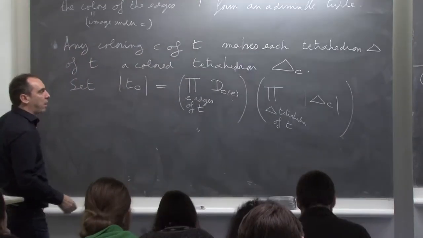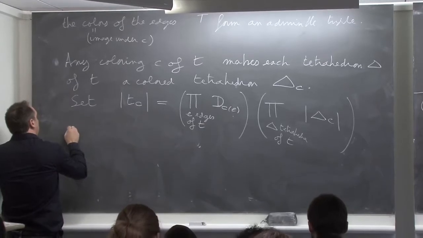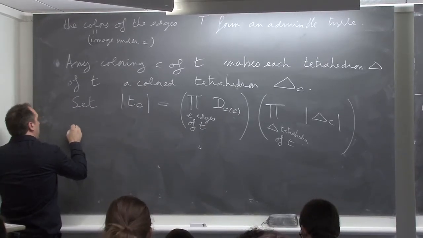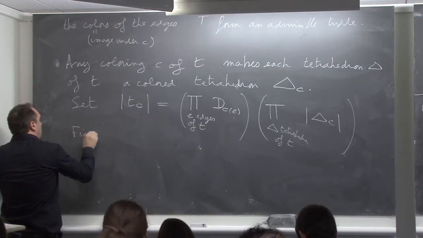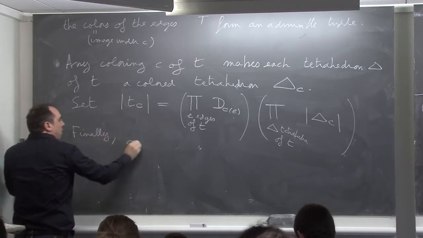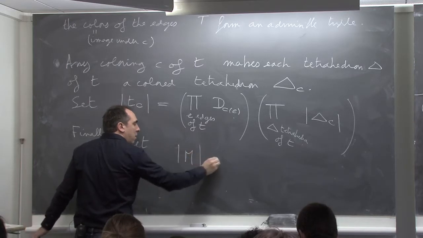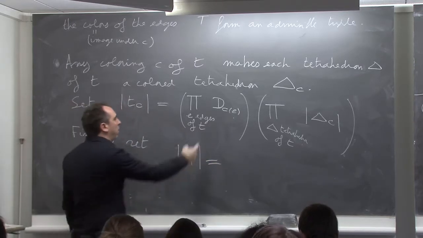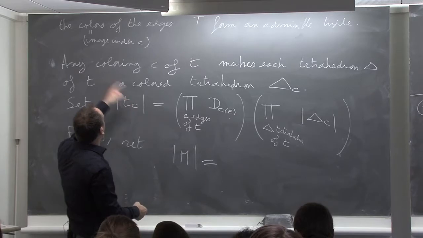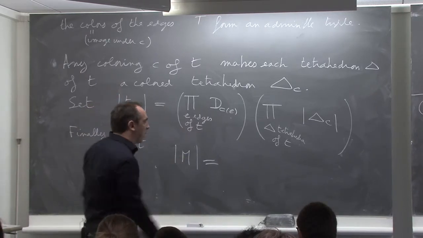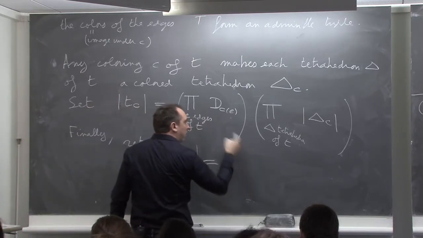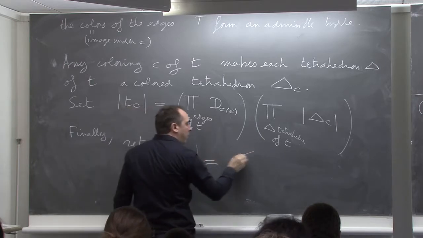Okay, and finally, we set M is the sum. So for each state, a coloring, we have a number and we sum over all states.